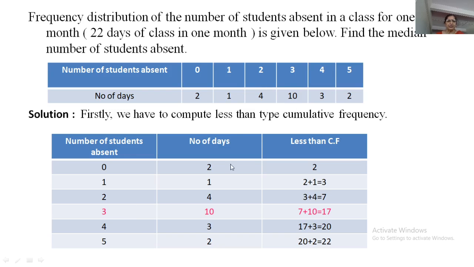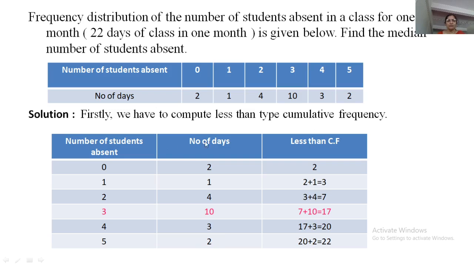Okay, so this 3 is the observation such that exactly 11 observations are less than 3 and 11 observations are greater than or equal to 3. You can do it very easily. You write down 0 two times, then write 1 one time, then write 2 four times, then write 3 ten times, then write 4 three times, then write 5 two times.